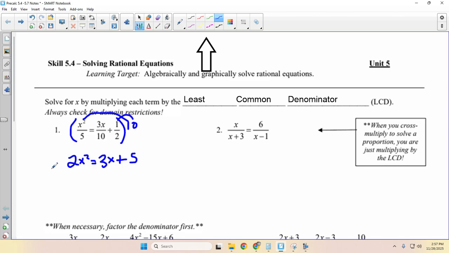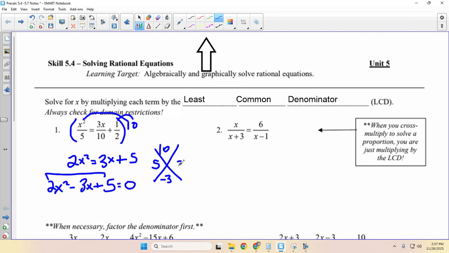And now can we solve this? Absolutely. We put everything on one side of the equation, so we get 2x squared minus 3x plus 5 equals 0. Some of you will big X this, and that's how I'm going to do it. We need two numbers that multiply to give us 10 and add to give us -3. Sorry, 5 and 2, and the negative has to go with the 5.